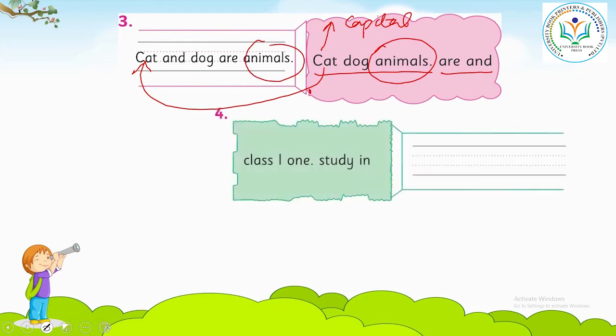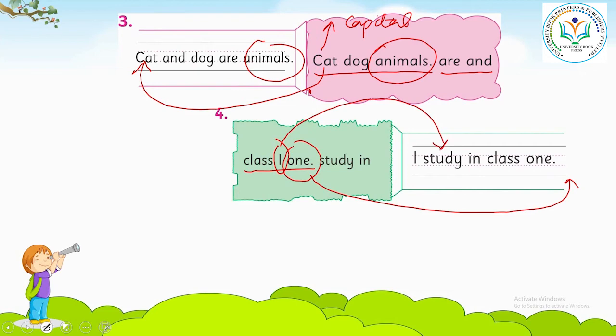The next sentence is class 1, I, full stop, study in. So class 1 should be mentioned in the last and I is capital here. It should be in the starting.